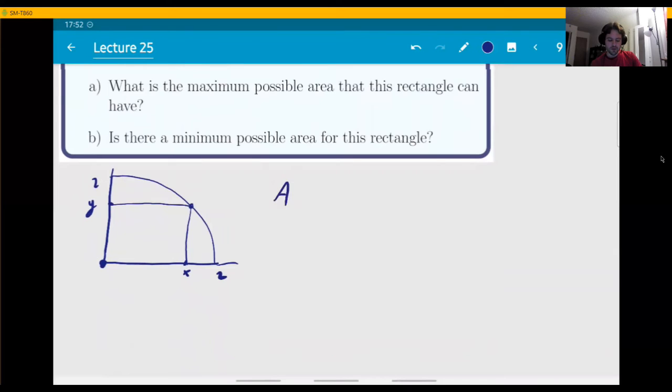The function that we're trying to make max or min in this case is a function of two variables. It's the area, x times y. I just called x and y the dimensions of this rectangle. Those are the things that we can vary. But there is a relationship between x and y because this point is supposed to be on the circumference. x squared plus y squared, the coordinates of this point, should be equal to 2 squared. 2 is the radius of the circumference.